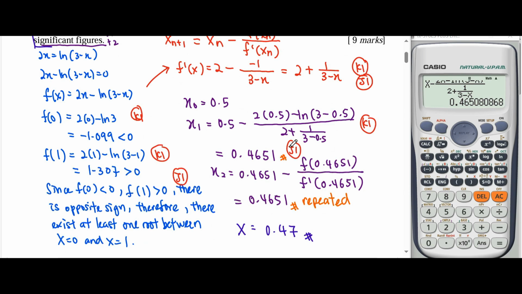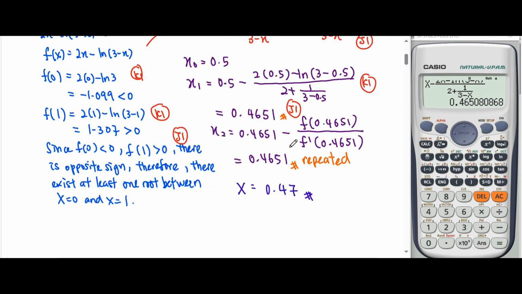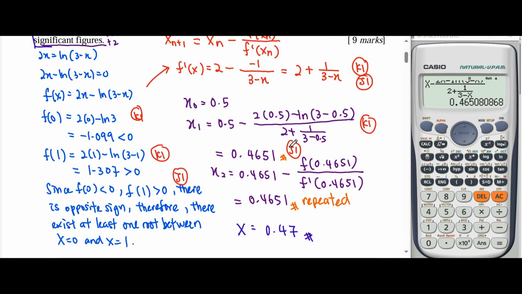Other than that, we do not accept any other values. Then we need to see, do you know how to stop at the second x? Because in this question, when you put your second x and do your second iteration, you're supposed to stop already. You will get your repeated x and conclude that is your x value. So that's all for this question.